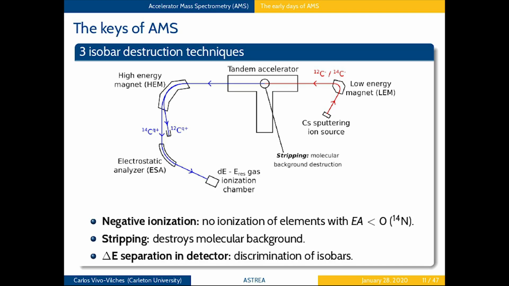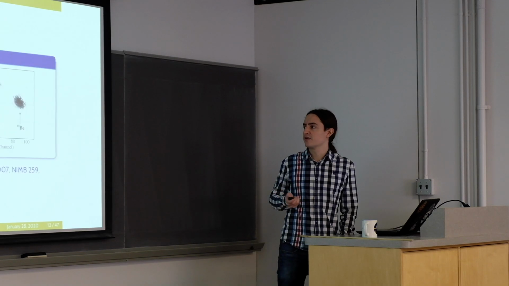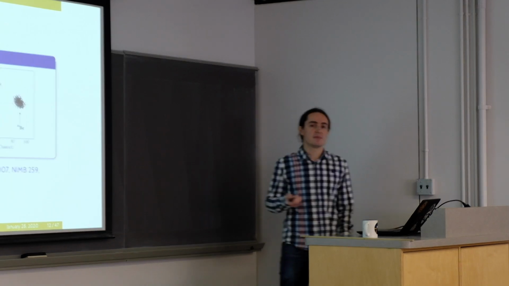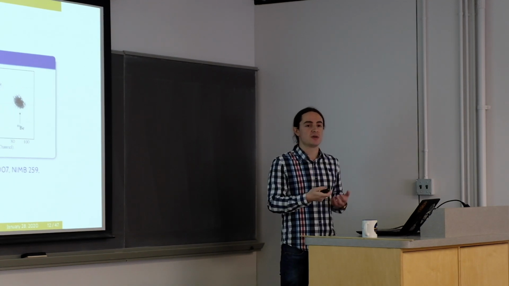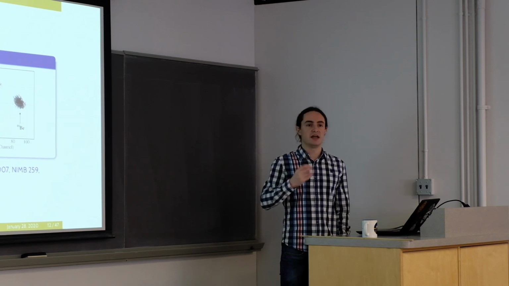The most used are gas ionization chambers because of their high efficiency of almost 100%, and because they have a very good energy resolution, which is pretty important for AMS because all the ions with the same mass-to-charge ratio as the one you want to measure are going to arrive. So you want to separate the energy.